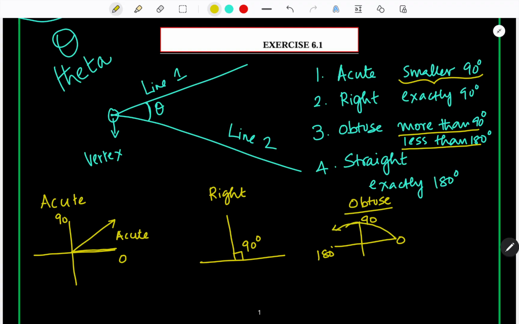So this is the obtuse angle, which is more than 90 and less than 180 degrees. Next, I'm going to talk about straight angle. I said it's exactly equal to 180 degrees. So this angle is 180 degrees. So these are the four angles you should know.